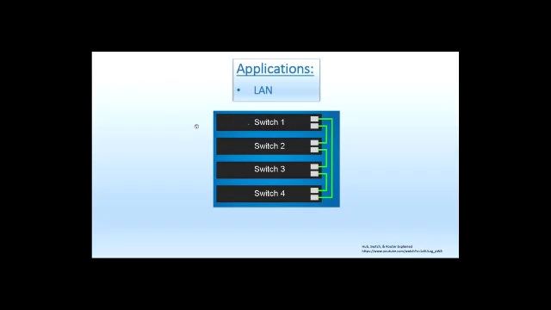Now, if you have more devices than the switch is capable of handling, then you have to keep adding switches, and those switches have to be cascaded or connected in some way, so they act like one big switch. Even though they're separate pieces of equipment, they're connected to act like one central communication node, right? So the switches can be connected in a ring topology.